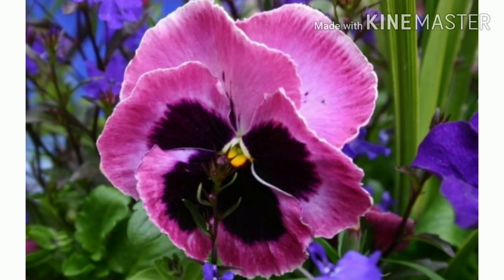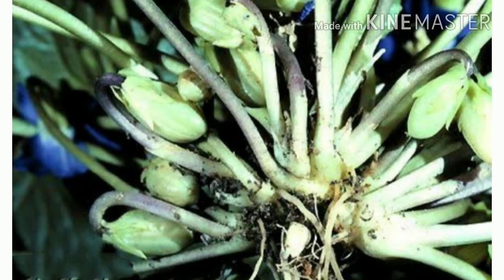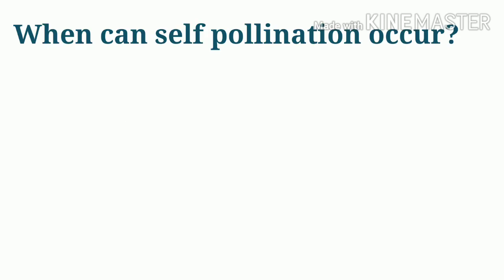In some rare cases, as in pansy, some flowers growing close to the ground level do not open at all, and this condition is called cleistogamy. The anthers and the stigma lie close to each other, which mature at the same time, and thus self-pollination is assured. Now, when can self-pollination occur?